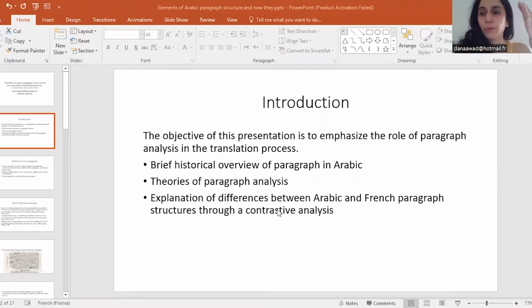So what we found so far: theories of paragraph analysis, explanation of differences between Arabic and French paragraph structures through a contrastive analysis, and this is with the focus on the translation process. So how and why do we change the number of paragraphs when translating sometimes?